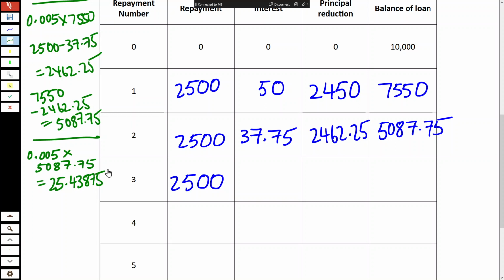Because more money, and less money. Okay, let's round down. Yeah, let's round down. So we're dealing with money. How many decimal places should we round to? Two decimal places, so round to the nearest cent. That's the convention. So the bank is going to charge us $25.44, not 43 cents.